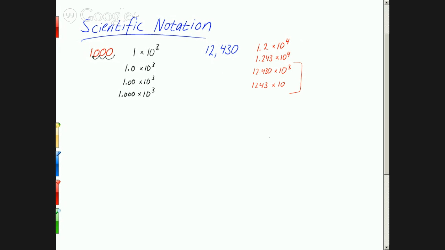The problem with those is they violate the convention of scientific notation, which is that you only leave one digit to the left of the decimal place. So it's not that they're wrong. They are also ways of expressing this number, but they're not technically scientific notation when they have more than one number to the left of the decimal place. So we're going to stick with that one number to the left of the decimal place rule.